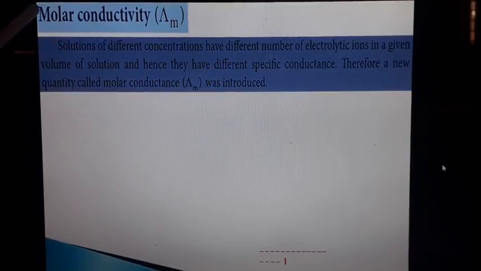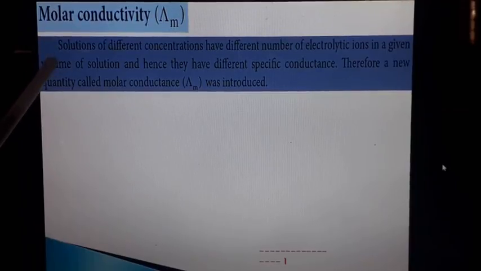In a given volume of solution, that is, a constant volume, they have different specific conductance. Therefore, the new concept, molar conductivity, lambda m, is introduced.